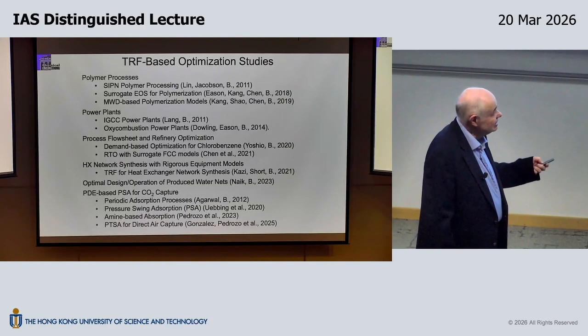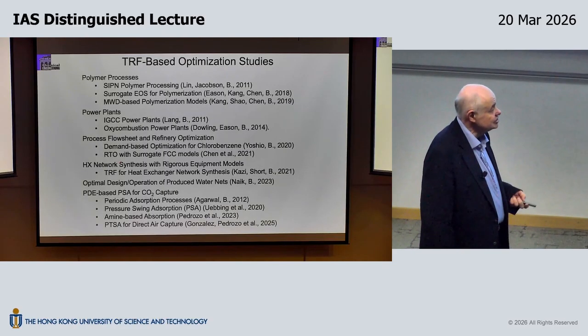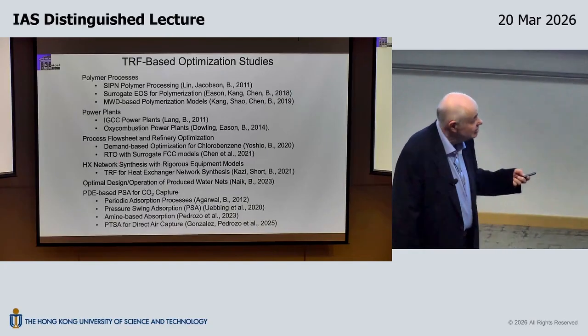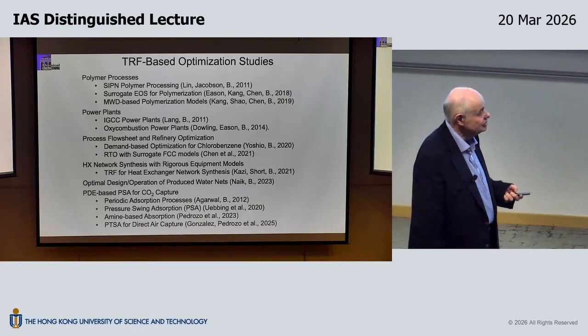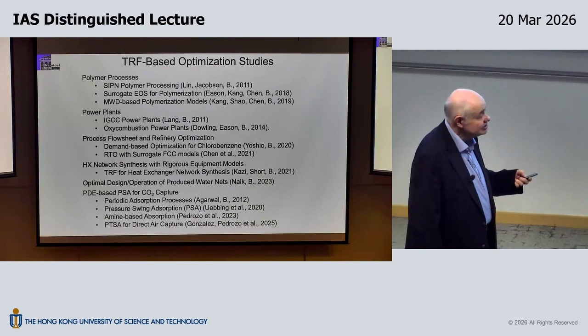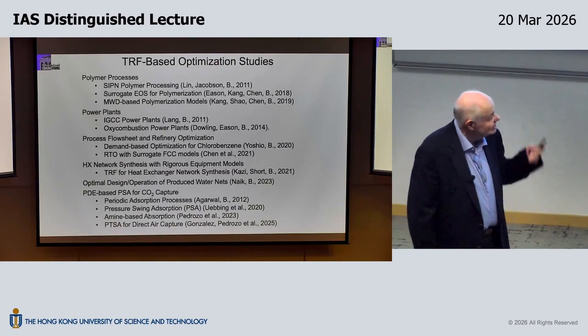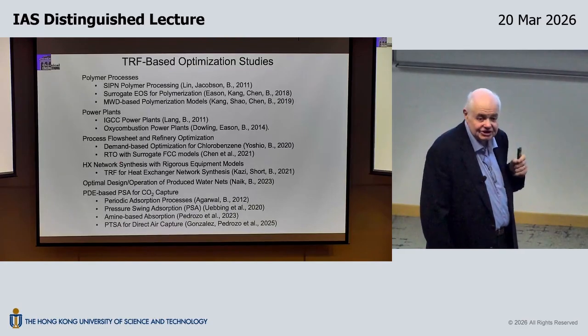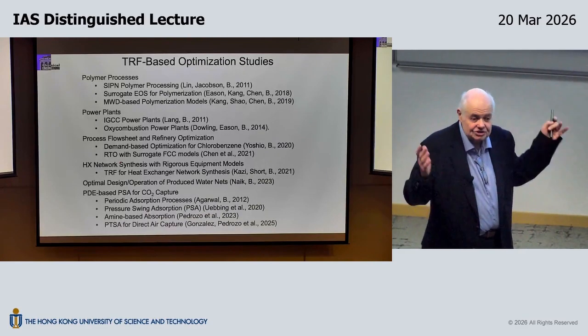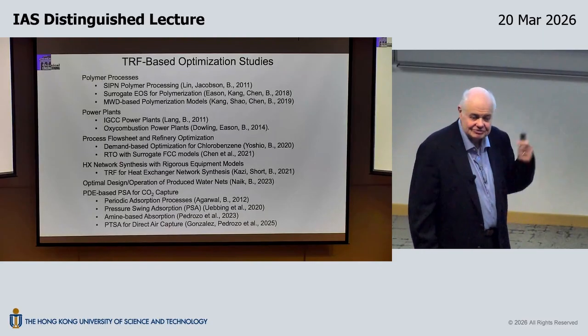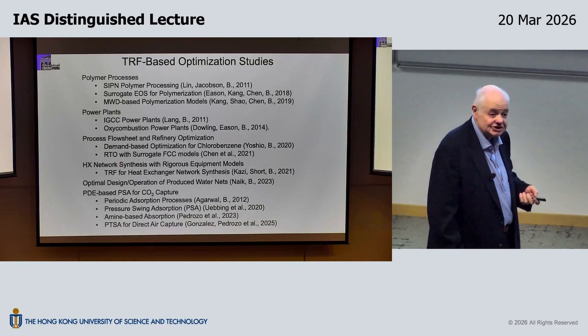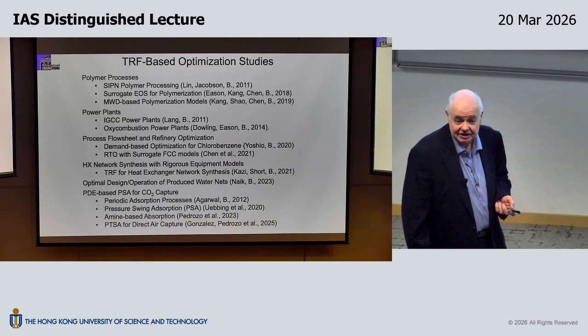And more recently, we've been looking at a lot of different kinds of units, including pressure swing adsorption, amine-based absorption, which I showed you a little bit of, even direct air capture, okay? And so those were things that we were able to do with digital twins, and all sorts of truth models that ranged from CFD to Aspen flow sheets to other PDE models.